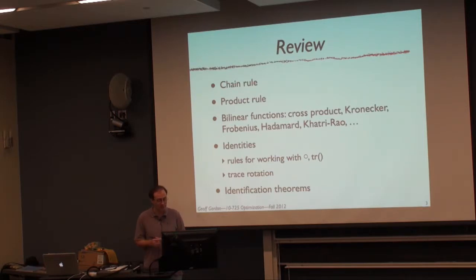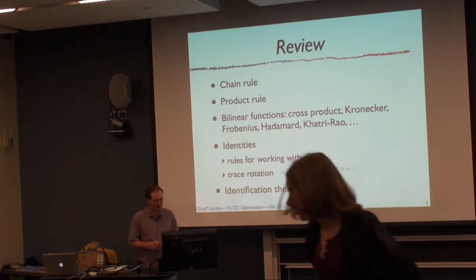We learned a whole bunch of useful identities, so identities for working with the Hadamard product and with trace. One of the most useful is trace rotation. So if you have something like the trace of A, B, that's equal to the trace of B, A, if A and B are matrices that are such that you can write that and have it make sense.